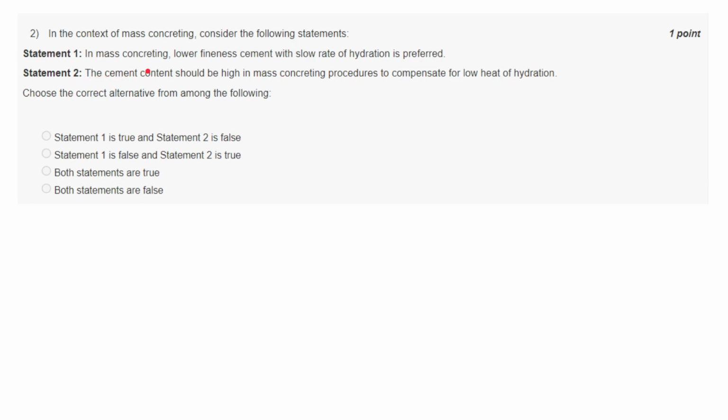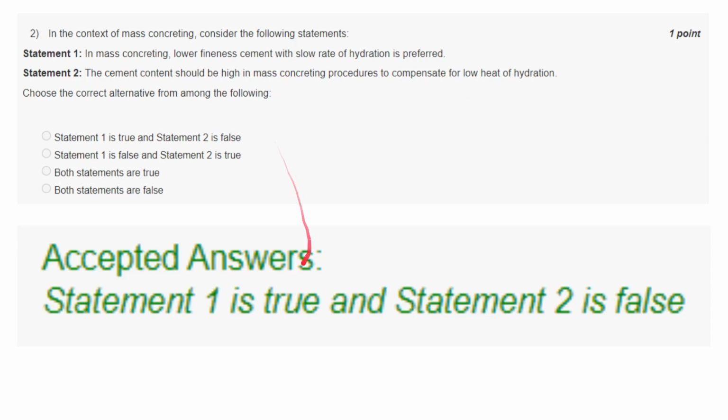And the cement content should be high in mass concreting to compensate for low heat of hydration. That is completely false. In fact, it is the opposite way. It should be less, in order to reduce the heat of hydration, not to increase. Okay, so one is true and two is false. So the first is the correct option.